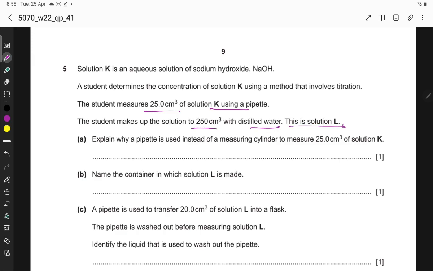This is solution L. Explain why a pipette is used instead of a measuring cylinder to measure 25 centimeter cube of solution K. The pipette is more accurate.